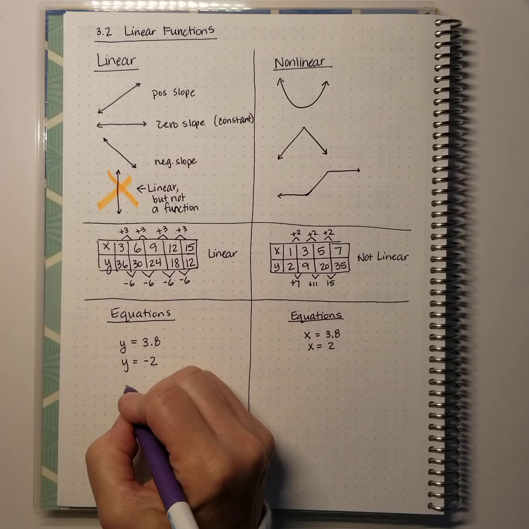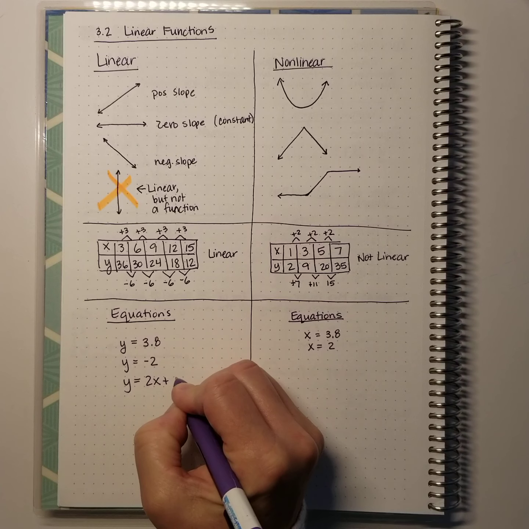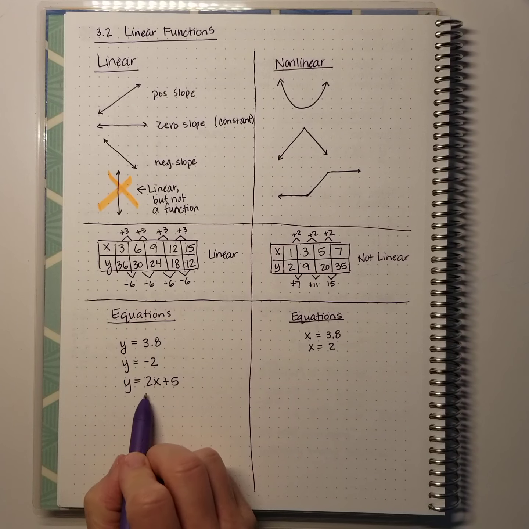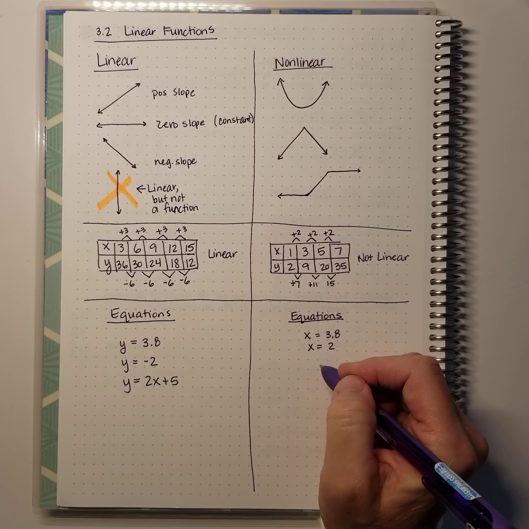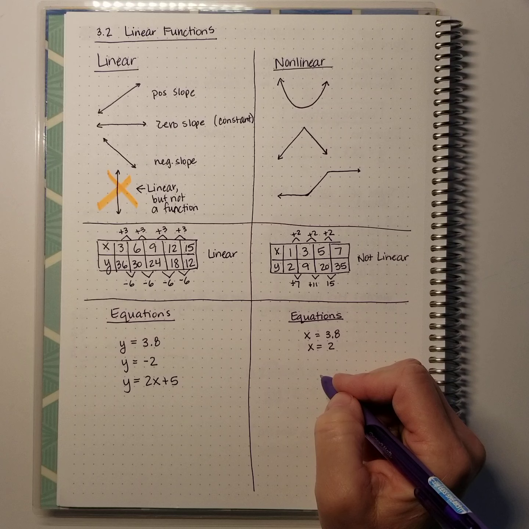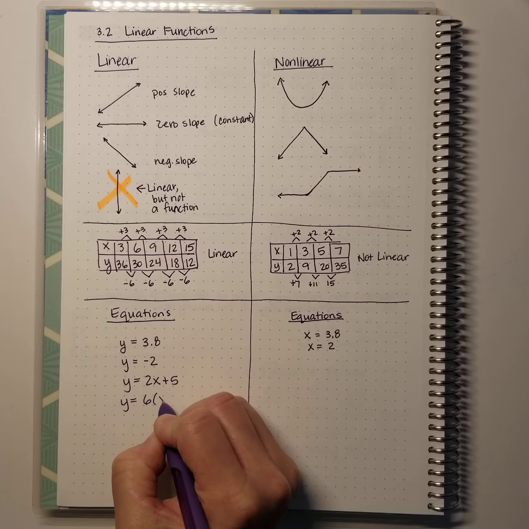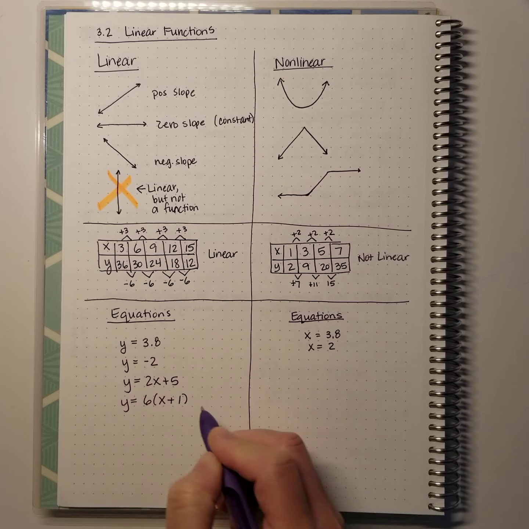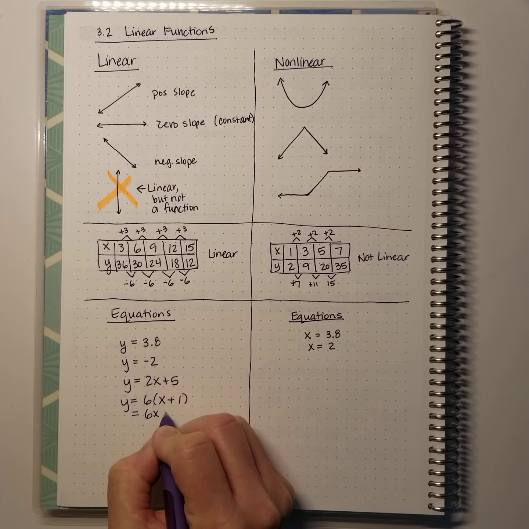Let's say you had y equals mx plus b, like y equals 2x plus 5. That's going to be the equation of a line that is linear. You could see something written a little differently, but it could be transformed to a linear function through the distributive property.